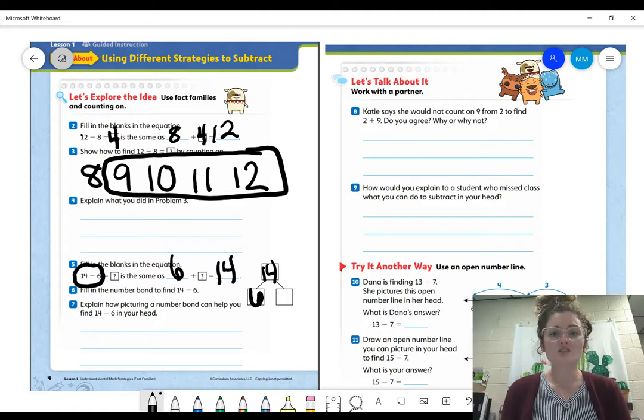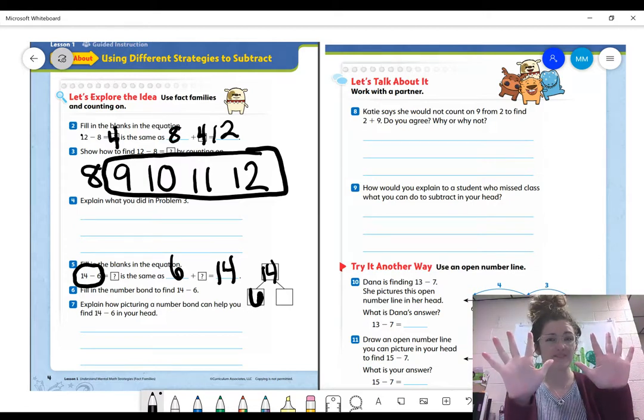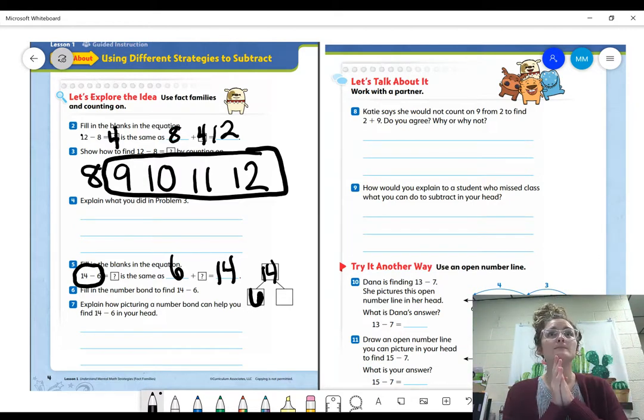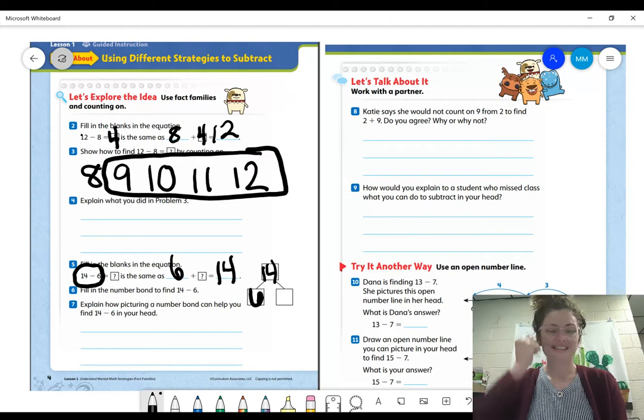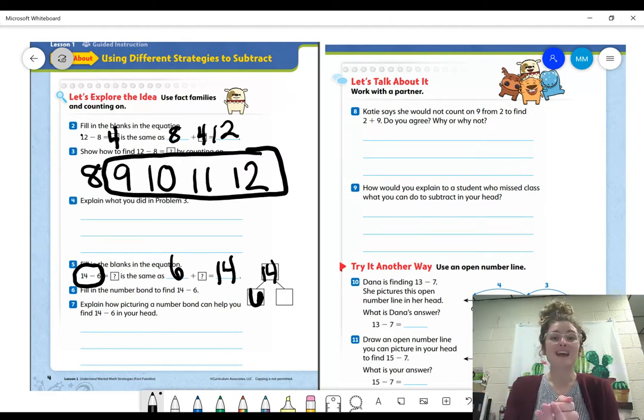So what strategy can we use to find that missing part? Do I have 14 fingers that I can take away from? No. I can start with the part that I know and count to my whole. All right, here we go. So we're going to start at 6 and count to 14.